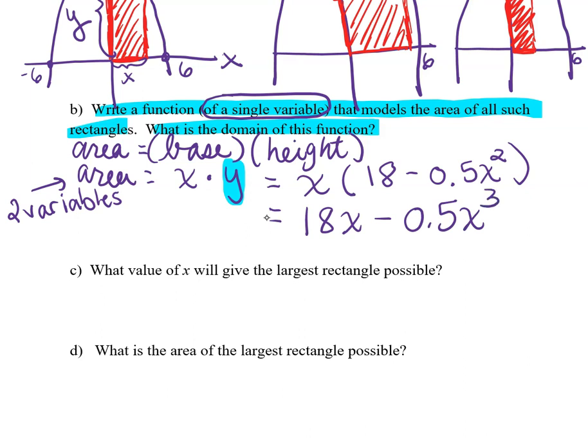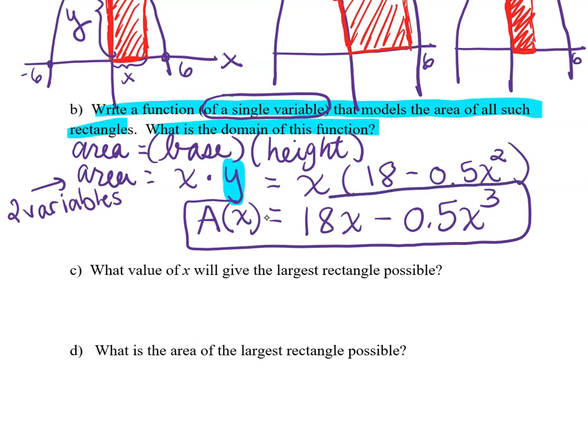And if I wanted to bring in my function notation, area could be A, and my input is x, so A of x equals 18x minus 0.5x cubed. That could be my area function using proper function notation where x represents the length of the base.